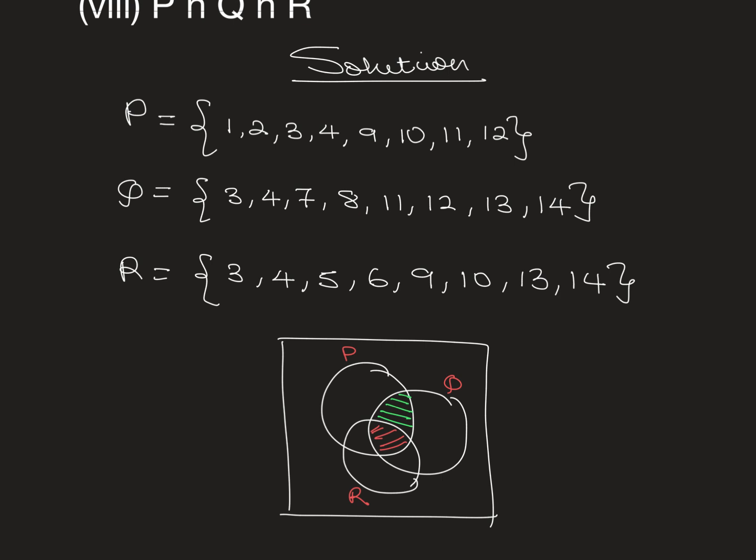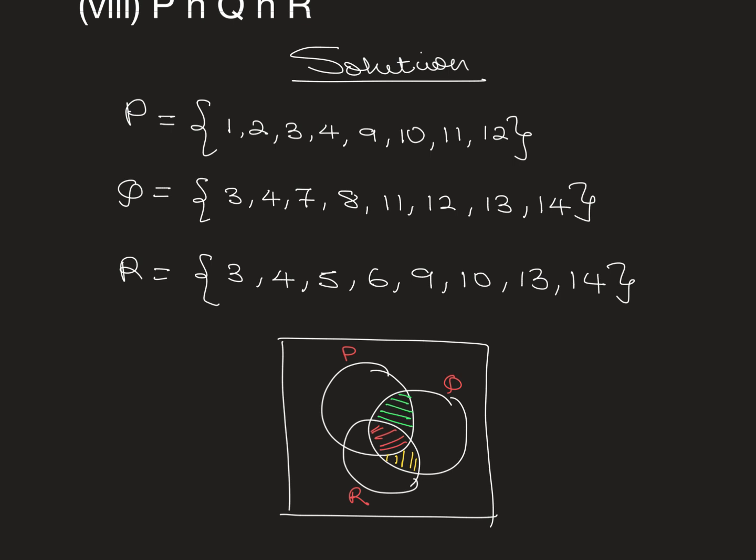And this region that I am shading in yellow is the members that are common in set R and Q only. Just set R and Q. Okay, so if you go to set R and Q, or Q and R, it doesn't matter, you will have numbers that are just present in both of them.